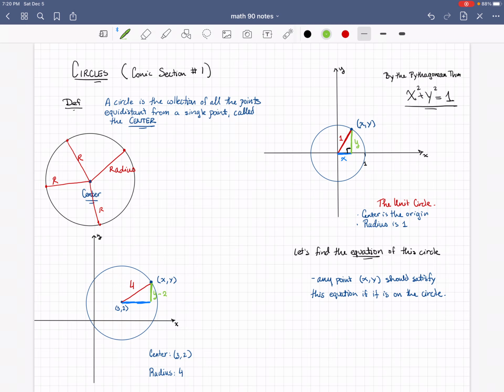By that exact same token, if we're looking at the blue line, if it had gone all the way to the y-axis, that would have been the x-coordinate of the point. But it doesn't go all the way to the y-axis, it stops short. By how much? So pause the video and think about what would be this distance.